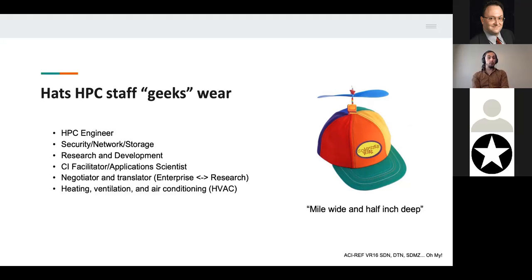And then at the same time, you become an HVAC person. It happened a lot that in the middle of the night, you would get a call from a sensor in the machine room saying that the temperature is high or a unit has failed.